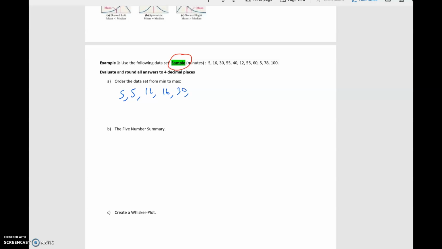From the 30, we have a 40, then a 55, followed by another 55, and then a 60, a 78, and then it stops at 100.